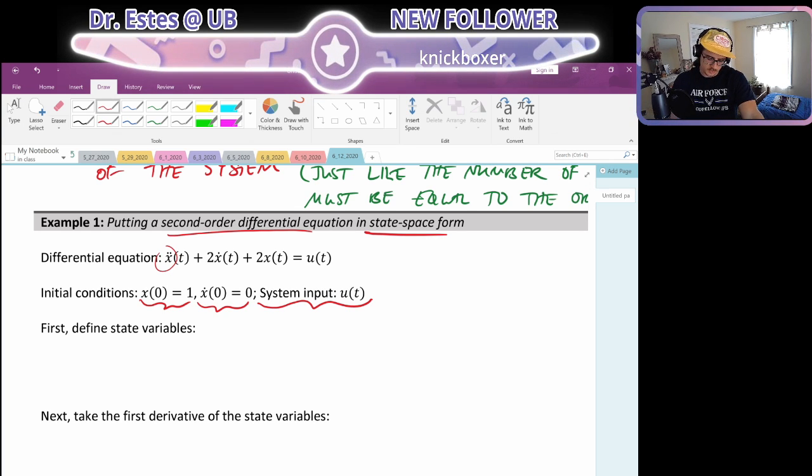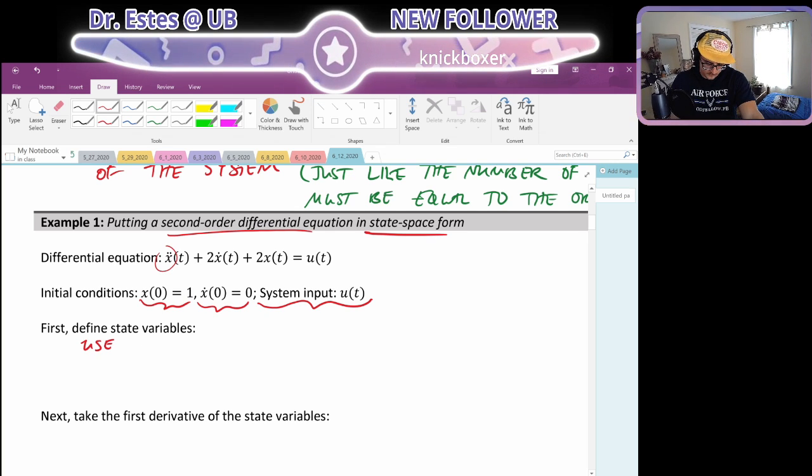What I like to do is use the same variables that are used for the initial conditions.